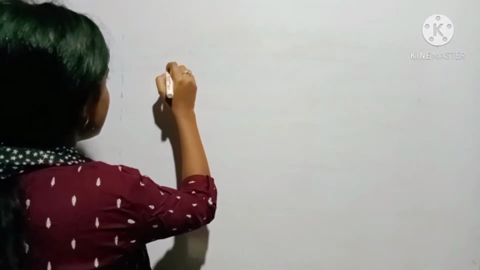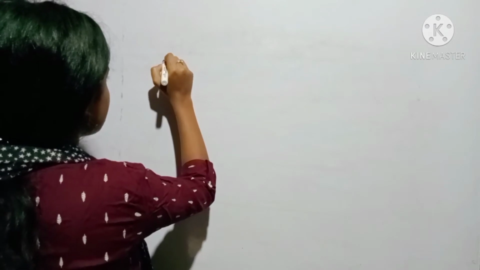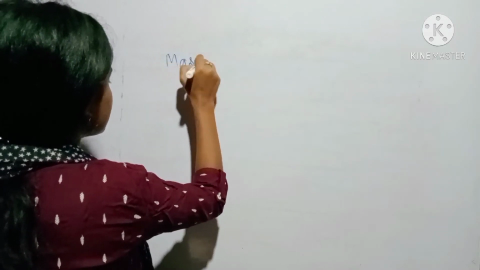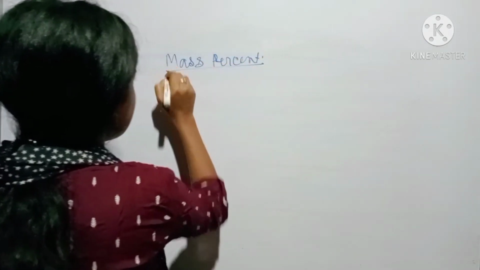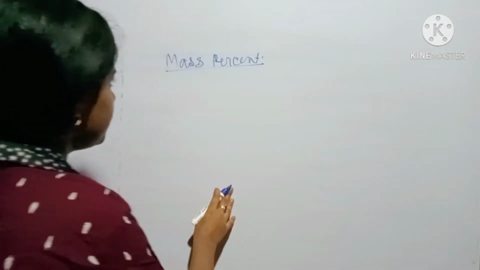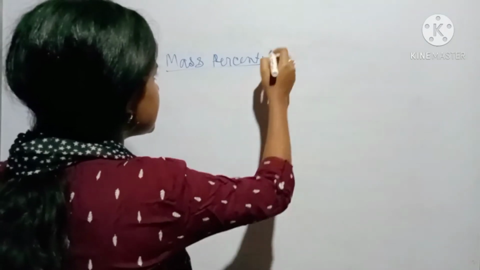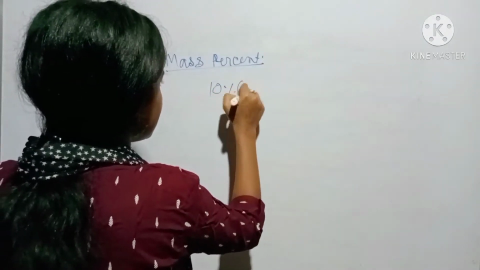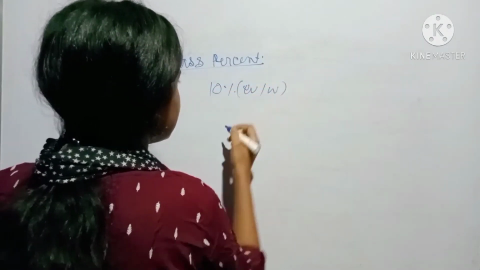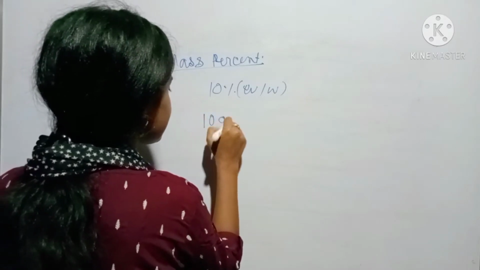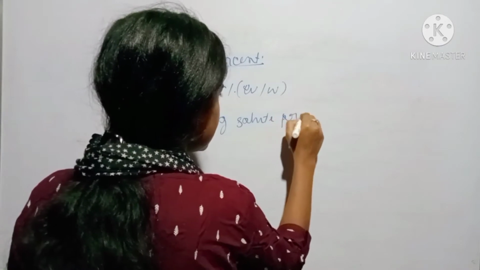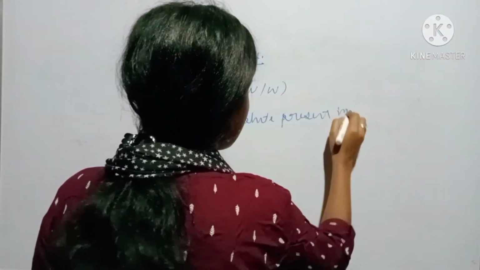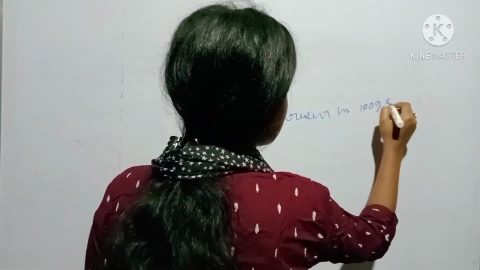Now I'm talking about mass percentage. We already learned this thing yesterday, but I will revise it once again. In mass percentage, if there is 10% by weight, then it means that 10 gram of solute is present in 100 gram solution.